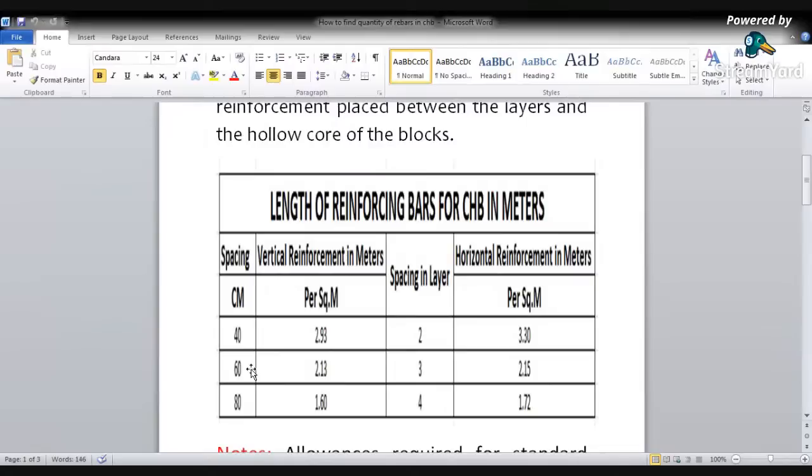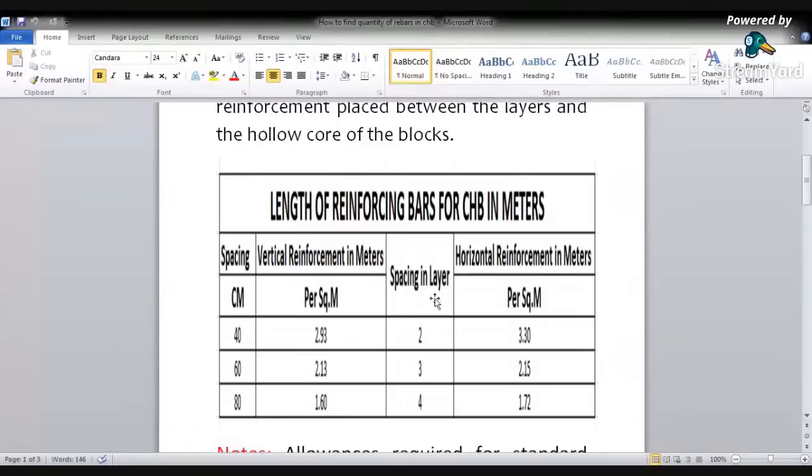If the spacing is 60, we multiply by 2.13. And if the spacing is 80, we multiply by 1.6. This is per square meter, so we need to compute only the area of the wall, or the fence, or whatever kind of wall you need to build using concrete hollow blocks.